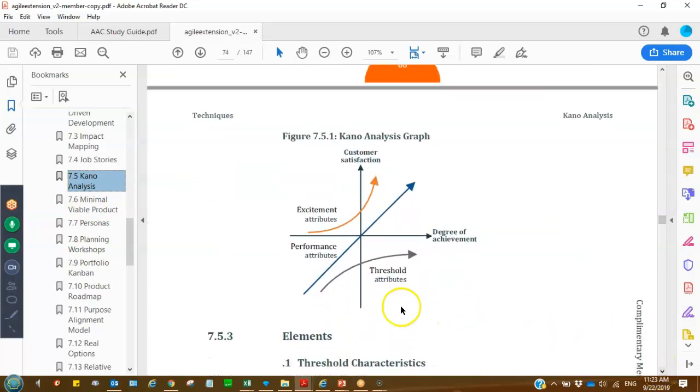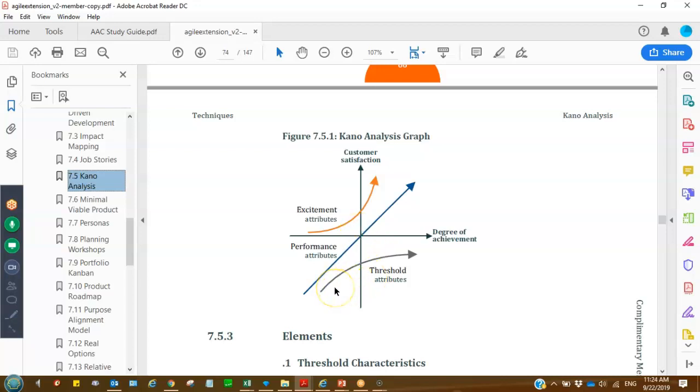Yeah, and this is what the Kano analysis graph looks like. It's again a quadrant kind of thing, where your vertical axis is customer satisfaction and your horizontal axis is the degree of achievement. So you'll notice threshold, and you assume that this center line, the degree of achievement, is a 0 point.